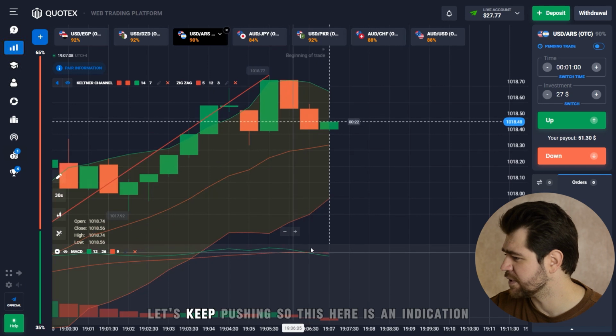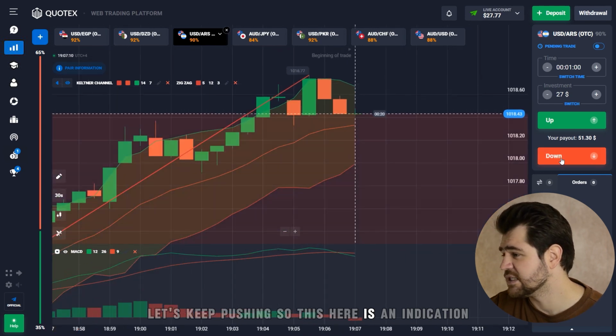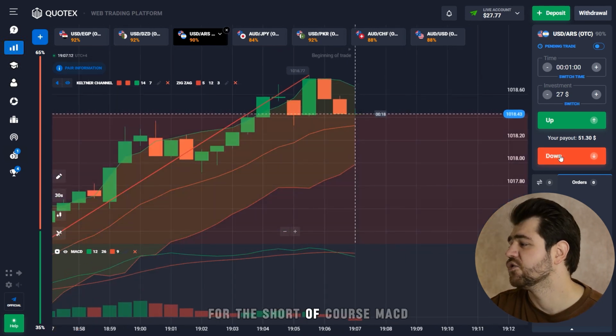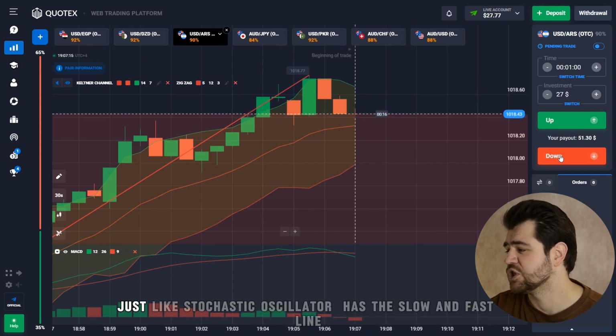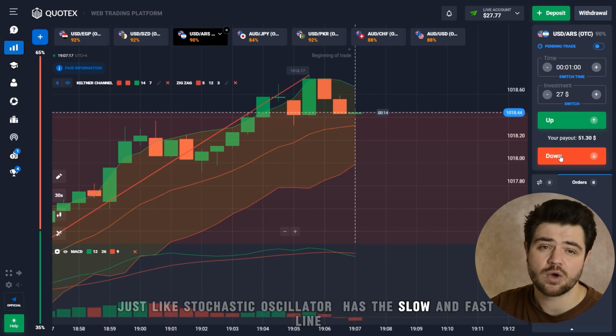Let's keep pushing. So this here is an indication for the short. Of course, MACD, just like the stochastic oscillator, has a slow and a fast line.